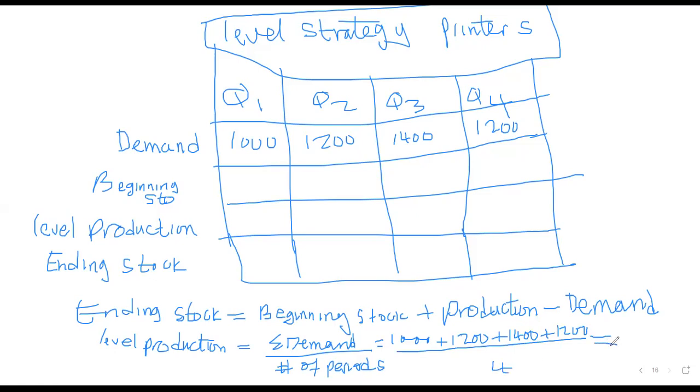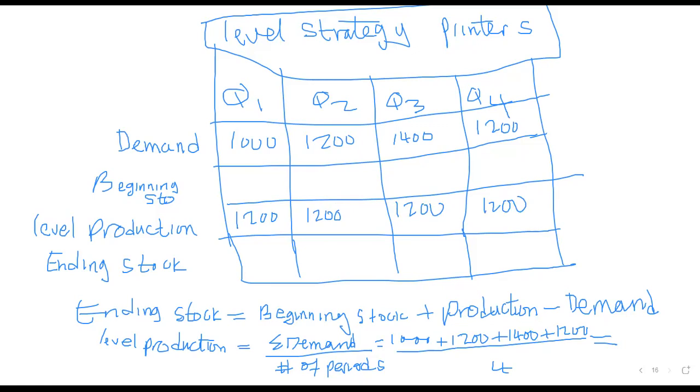So meaning that 1,000 plus 1,200 plus 1,400 plus 1,200 divided by 4 is 1,200. On the level basis, we are producing 1,200 units each quarter.